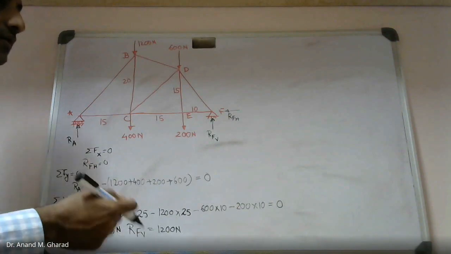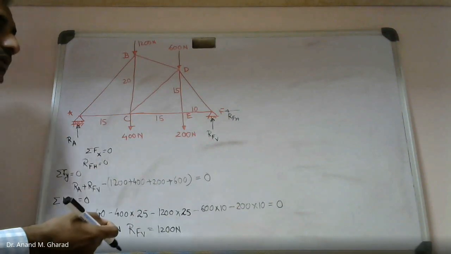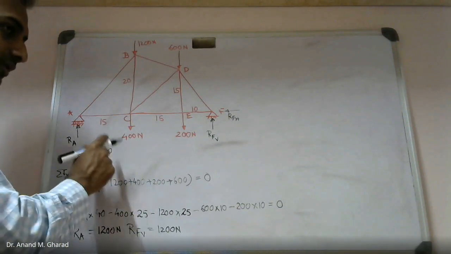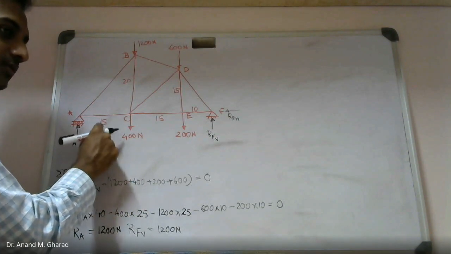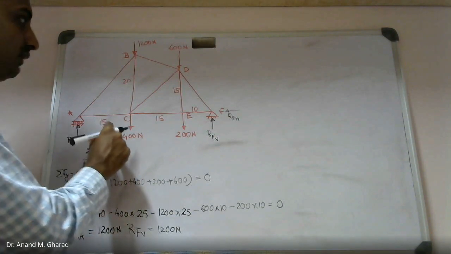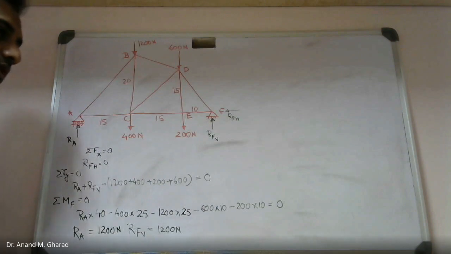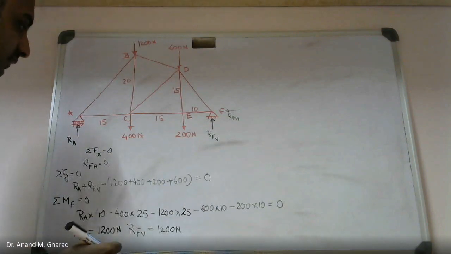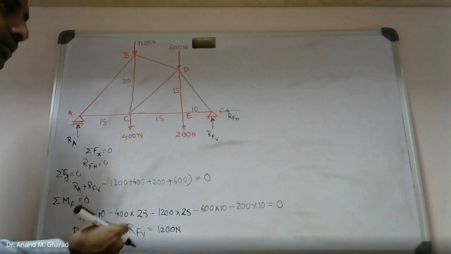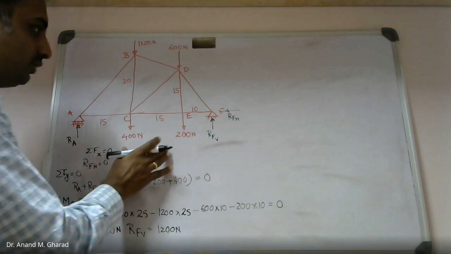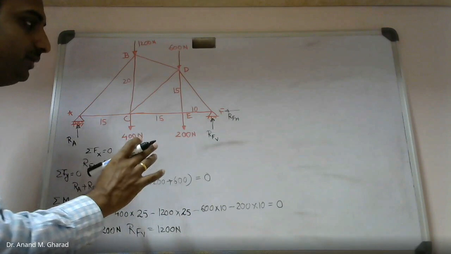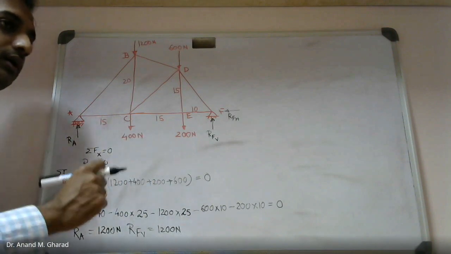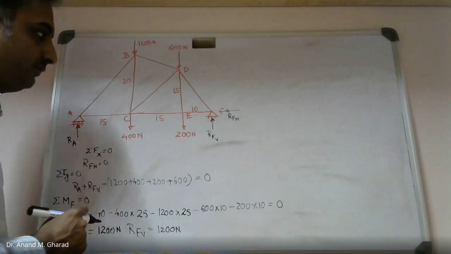Now, since we have started with the method of joints only, we will utilize the method of joints concept over here, and let us try to identify the forces in each member. Okay. So we will go step by step. Before using the method of joints, just try to identify the joint wherein the number of unknowns are less.